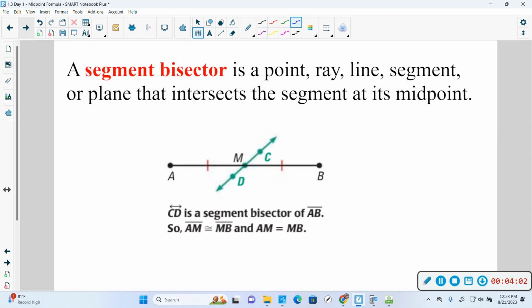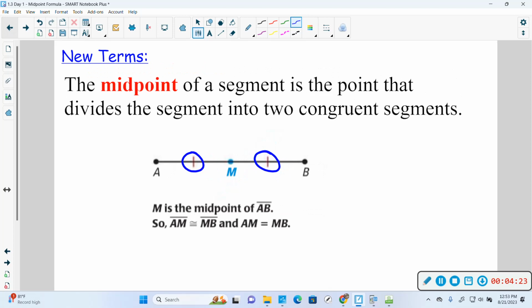Segment bisector. A point, a ray, a line, a segment, or a plane. Everything. It intersects the segment at its midpoint. So again, the key is 2 congruent sides. This time, ooh, fancy, it's a line that's cutting it in half. And the last one, it was just a point, the midpoint.